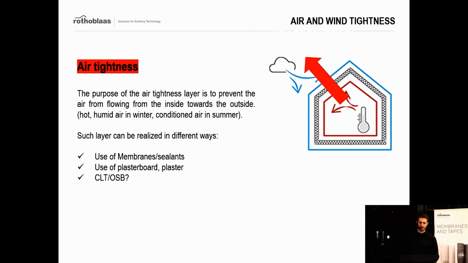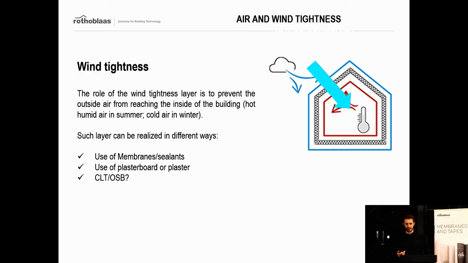For example, membranes are definitely a good way to make this air tightness layer, but we already said before that CLT can be airtight, and also the OSB is airtight, and the use of plasterboard or a plastered finish of your wall can be airtight as well.